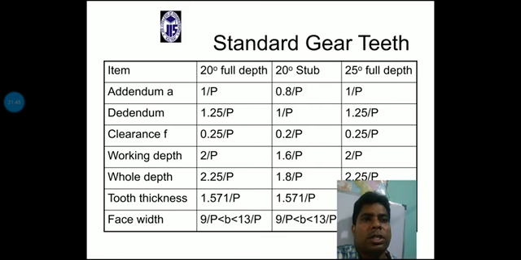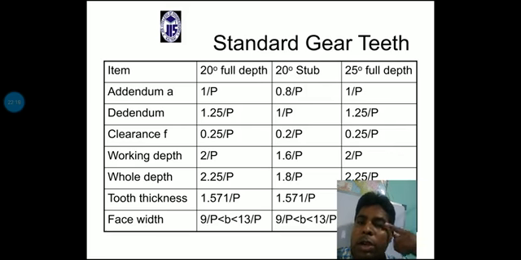Now we can see standard gear teeth. In the standard gear teeth table, the first column indicates the items, and the second column, as I already told you, mainly has two types of angle, but here there are three types: 20-degree full depth, 20-degree stub, and 25-degree full depth.